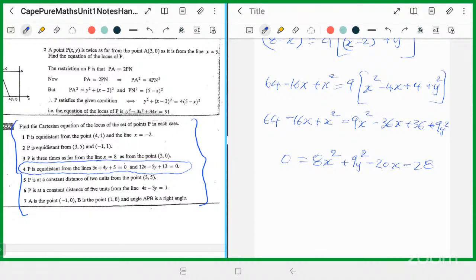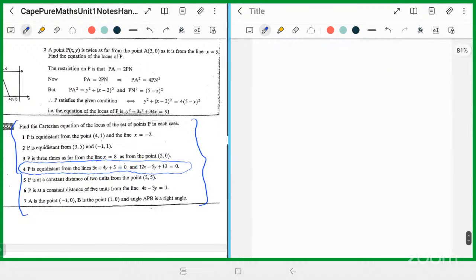The point is the same distance from these two lines. If you think about it, you have two lines going like so. The line that you want is going right down the middle, where they intersect. So this distance and this distance are the same. So P is going to be on this red line right here.